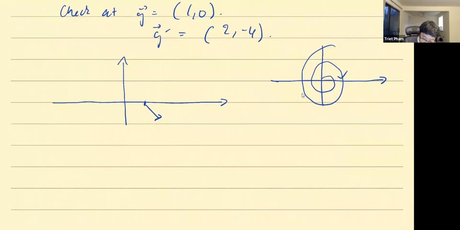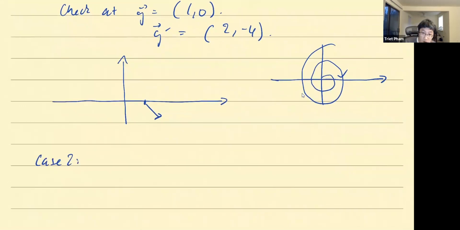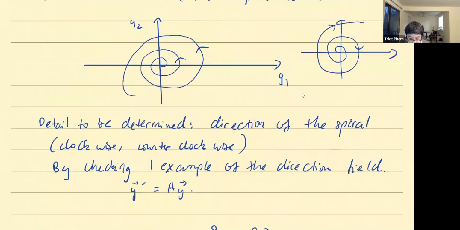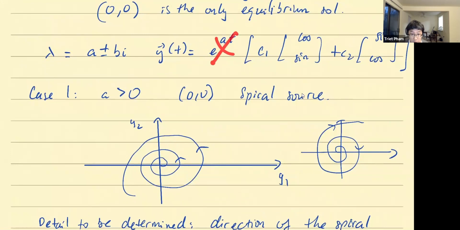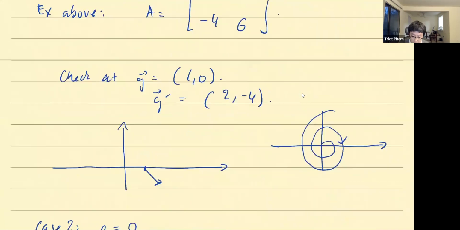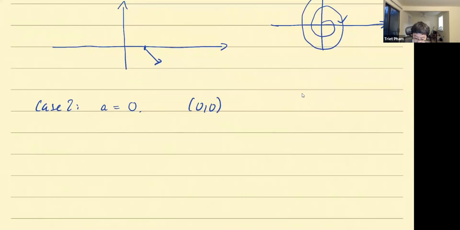All right, so case 2 is when A equal to 0. When A equal to 0, there's no growth. It's pure circling. Then the origin is the center.